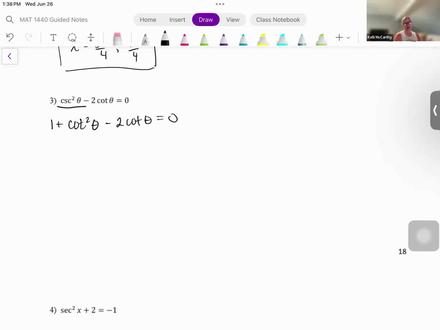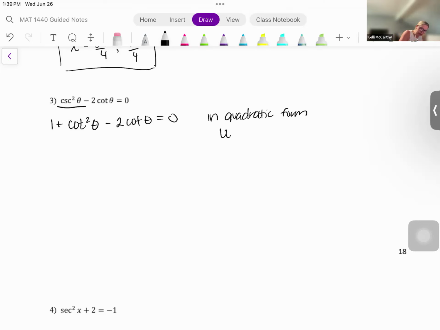And if we look at this, we've got a trig function squared and then a linear trig function, or another trig function to the power of 1. We want to start recognizing that this is in quadratic form. And when we have an equation in quadratic form, we sometimes use a technique called U substitution to help us make the equation look a little bit easier to solve.